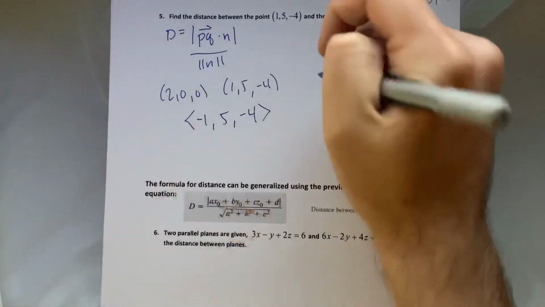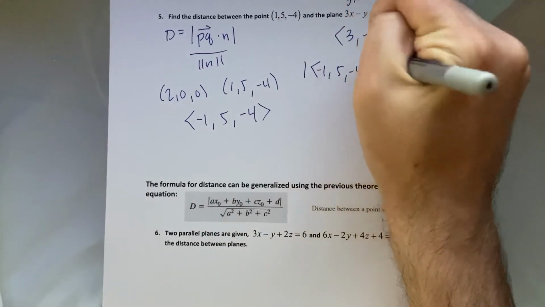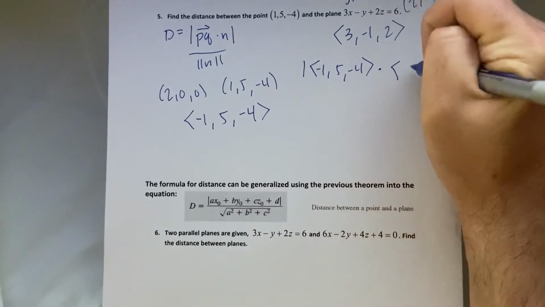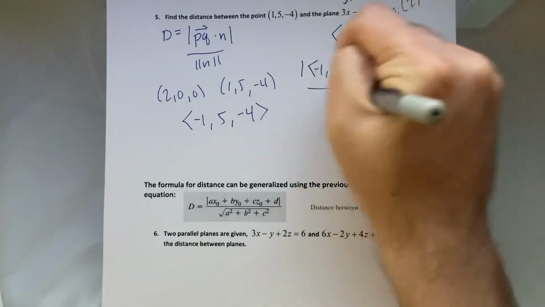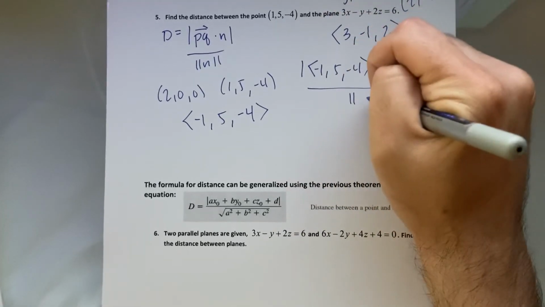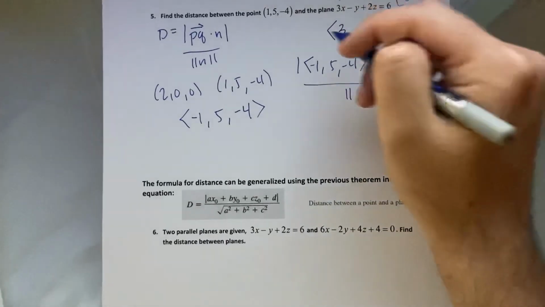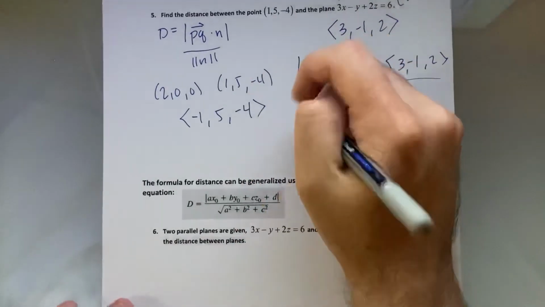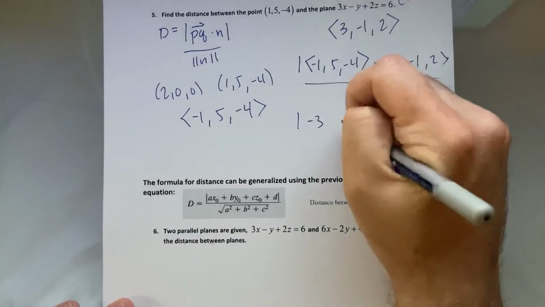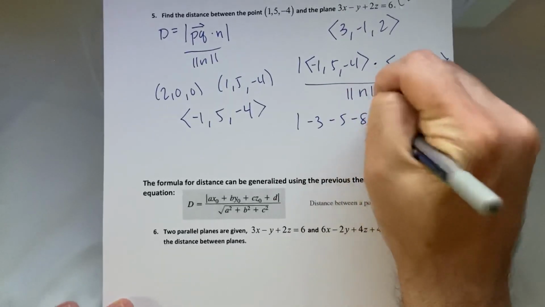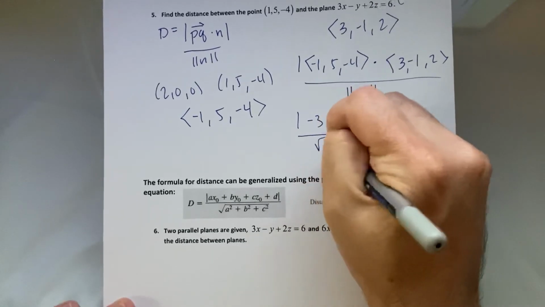So I need to do the dot product of negative 1, 5, negative 4 with 3, negative 1, 2, and divide it by the length of my norm, which will be the square root of these three things squared, added together. My dot product should be negative 3 minus 5 minus 8, divided by 3 squared is 9, 1, 4, so the square root of 14.